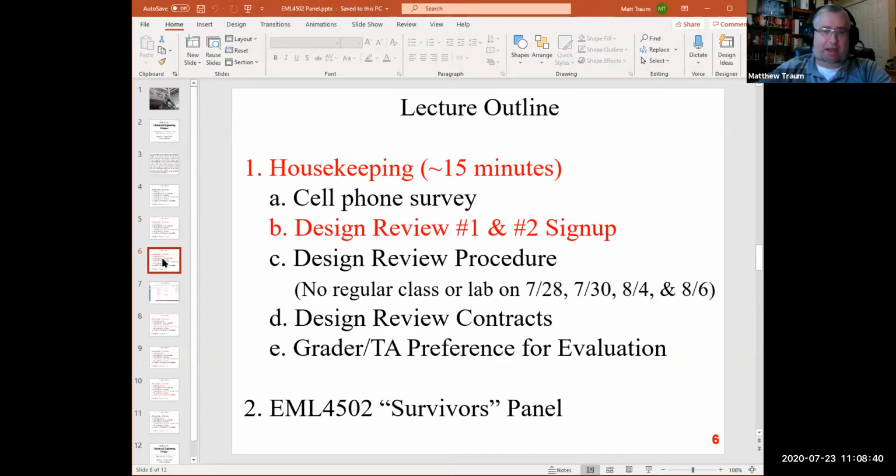So one team at a time, myself, and at least one of the TAs or graders in a breakout room in a Zoom meeting. So we're all going to be there together, but it'll just be your team and then me and one of the graders or TAs, and not the rest of the class. A little bit different than the format that we did on Tuesday.